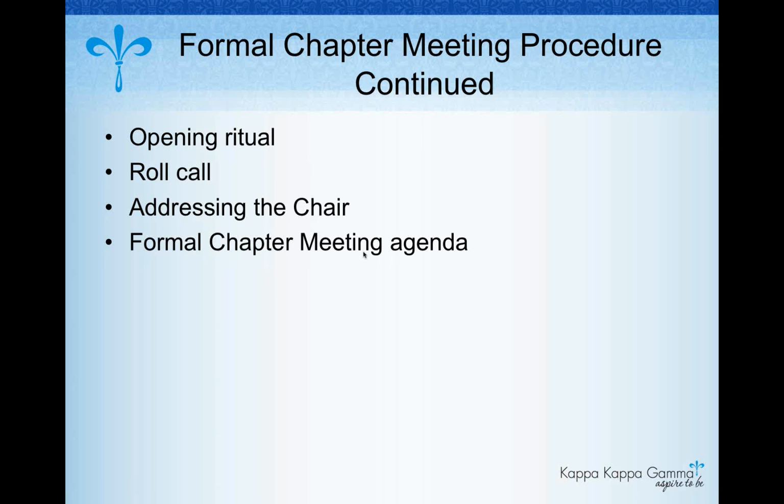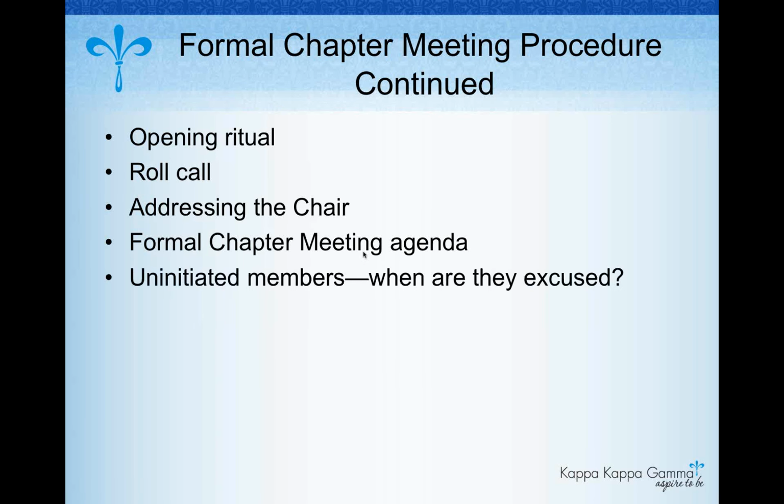Once they exit the meeting room space, you will conclude the business meeting with the closing ritual, which is on page 6 of our Book of Ritual. It also outlines the special little service and ceremony that takes place and the special song that takes place to conclude that formal chapter meeting. So please utilize that book of ritual as a resource. Again, uninitiated members are excused at the conclusion of the business meeting.